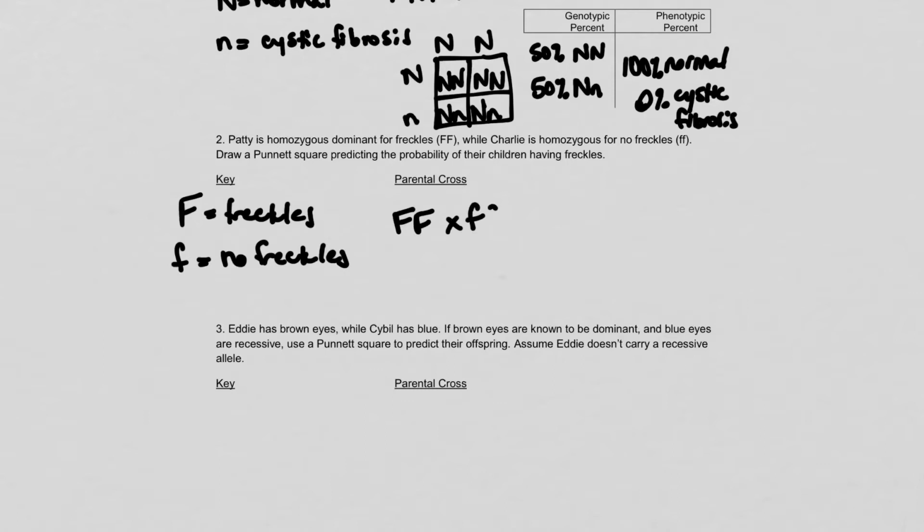All right, the next monohybrid cross, freckles, homozygous dominant. So that means the big F is for freckles, little f, no freckles. The parental cross is Patty, who's homozygous dominant for freckles, Charlie, who's homozygous recessive for no freckles, and then the probability of the children.